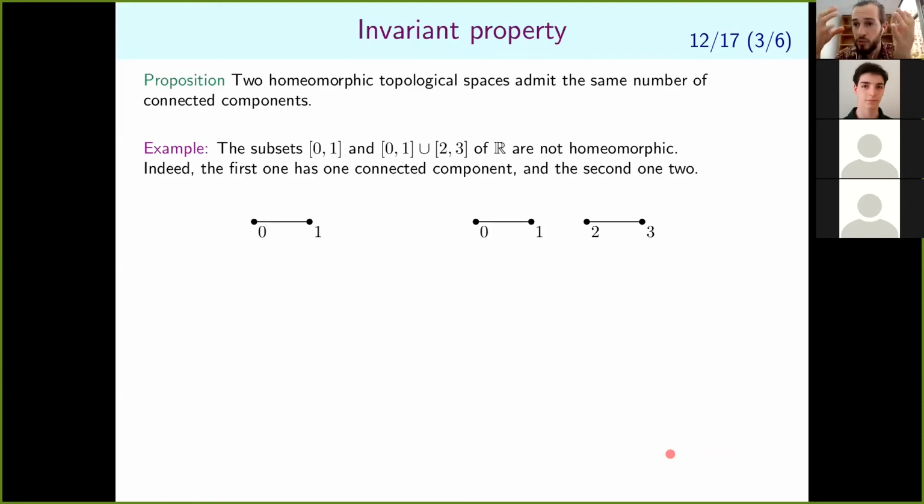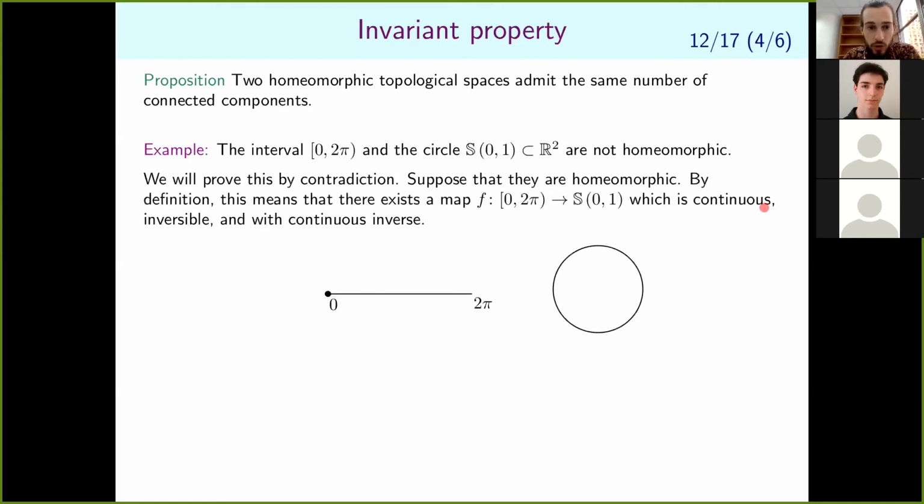If I want to show that two spaces are not homeomorphic, I will find an invariant, here the number of connected components, such that my two spaces do not have the same value of the invariant. So I gave you this very example of one topological space having one connected component and one having two. We can go a bit further.